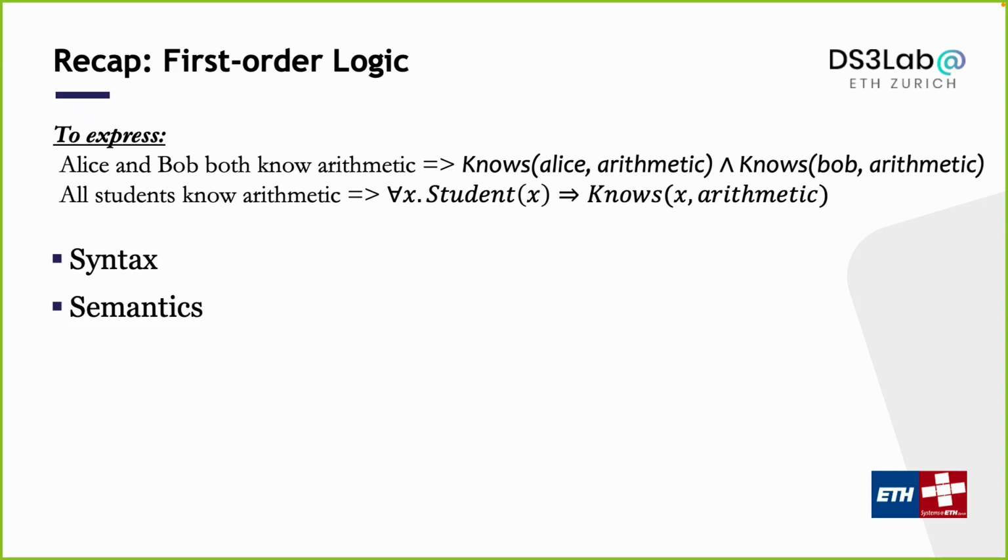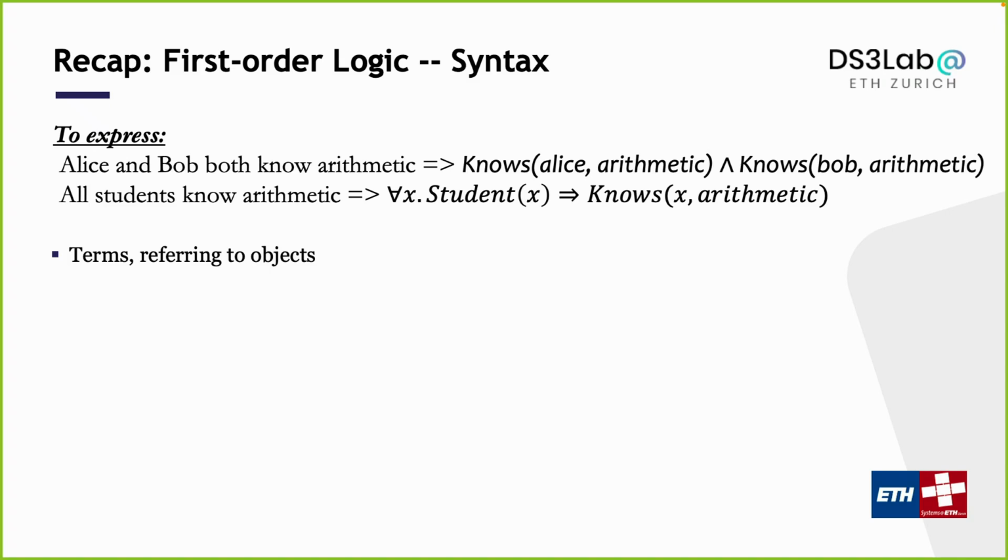So again, I'm sure you already know this. A logical system has two different components: a syntax and a semantics. Now let's refresh our memory about the syntax of first-order logic. There are terms, referring to objects.